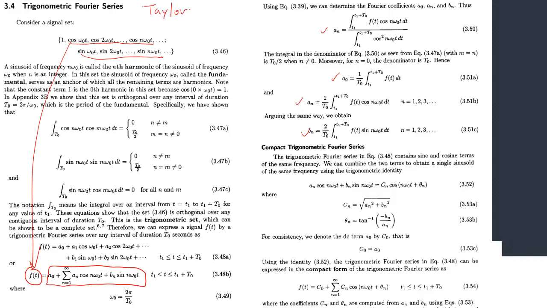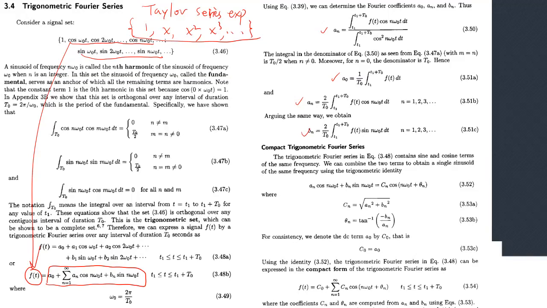But if you feel this is uncomfortable or strange, let me remind you of something you have learned already. Do you know the Taylor series expansion? Okay. So basically you are saying that you have 1, you have x, you have x squared, x cubed, and so on. So this is also a basis. You write in terms of this, then it's a Taylor series expansion.